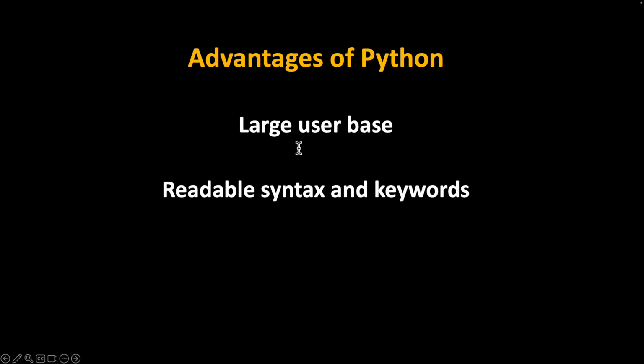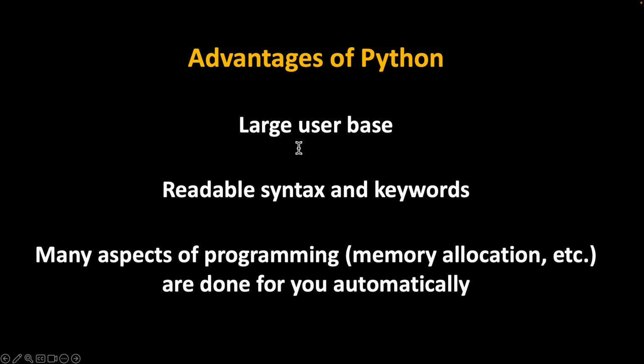So for things like for loops, if-else statements, how to assign variables, relatively easy to understand as compared to, say, something like Unix. People may disagree, but in general, the philosophy was to try to make it as readable as possible. Also, many aspects of programming, say memory allocation, are done for you. It's very efficient in that regard.